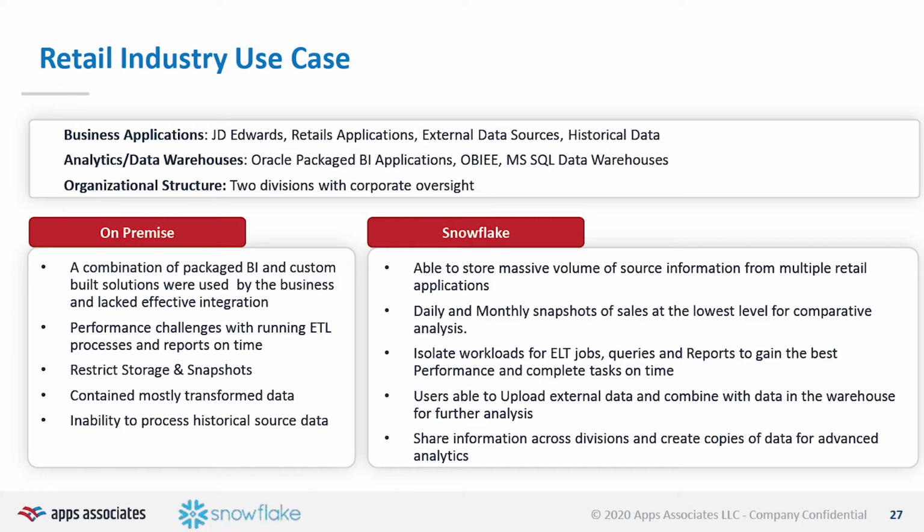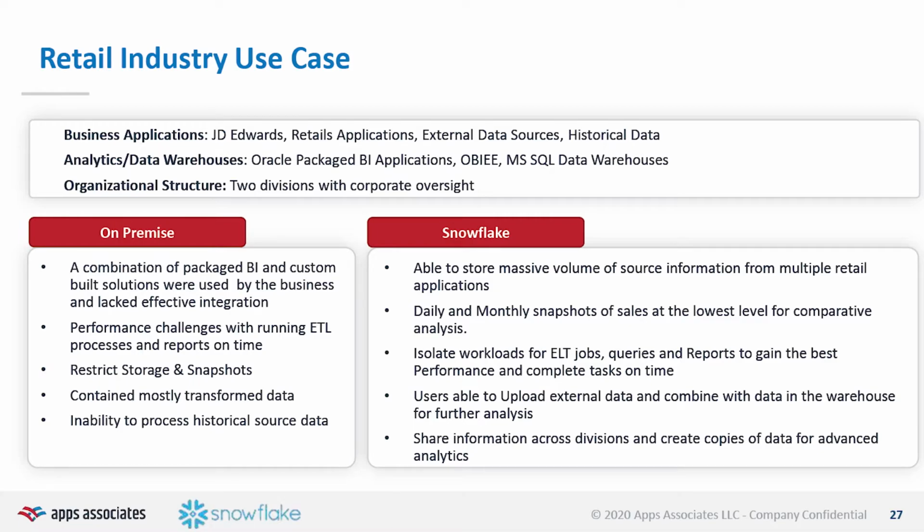Those are typical challenges, in addition to making sure that your performance needs are met, whether your ETL is completing on time while users are constantly running reports, and you don't have to coordinate when users would need to run the report while the ETL jobs, or the ELT jobs, are going on.